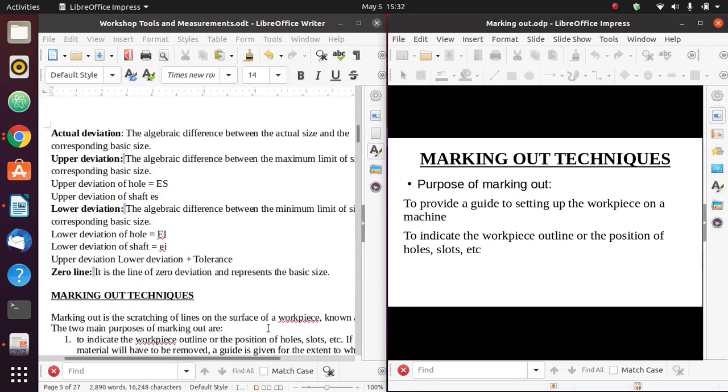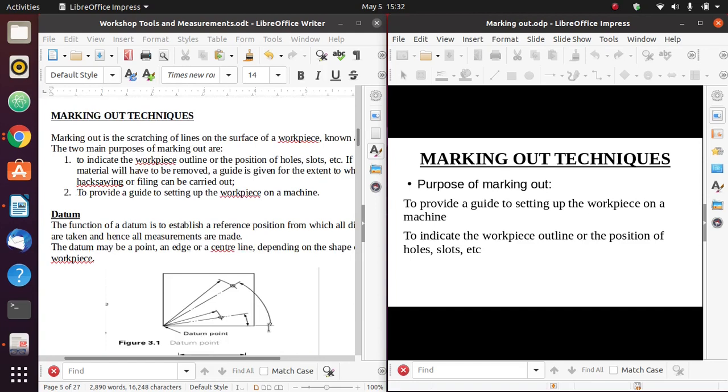Now, let us talk about marking out, and that is the main subject of today's lesson. Those terminologies ambazo tumesema will be everywhere when we talk about measuring instruments, ama measuring system. Now, marking out. What is marking out?